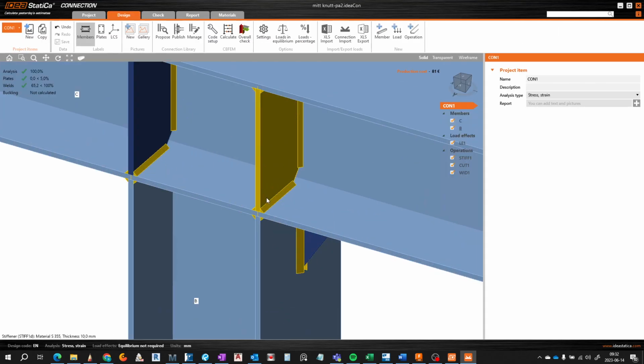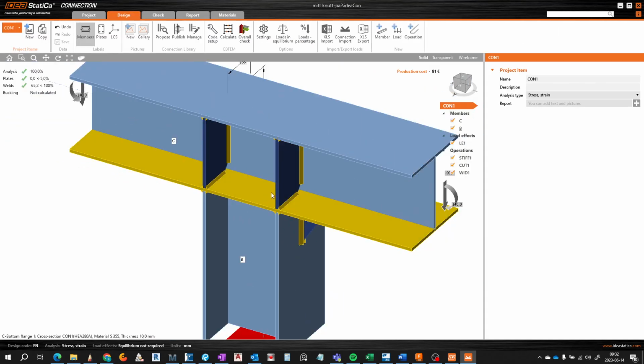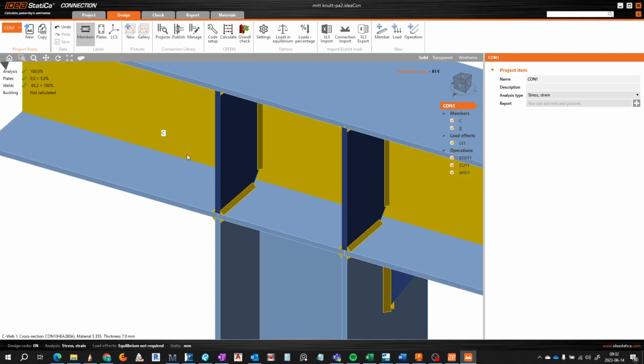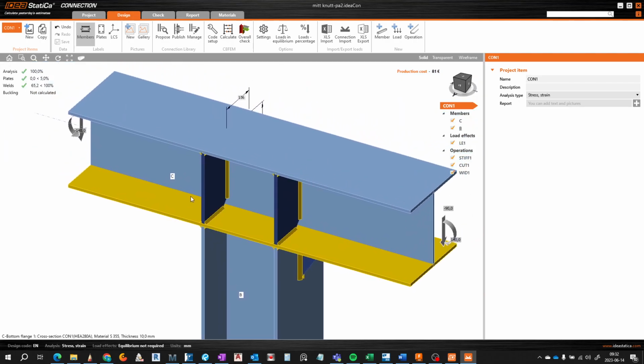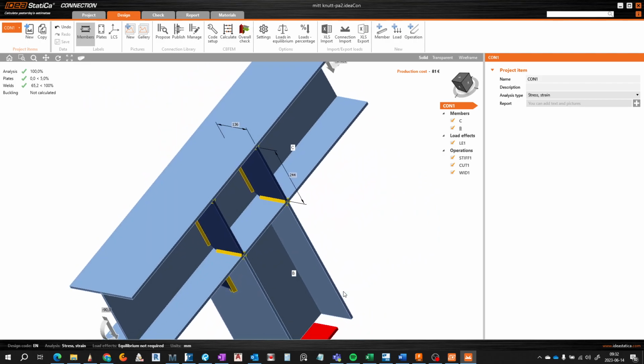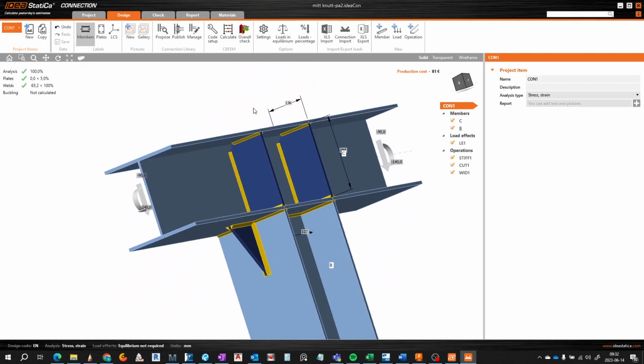So as you see here, this is the connection, and we have some stiffeners here. So in that way, the flanges will be stiffer. Then we can look around. You see there.